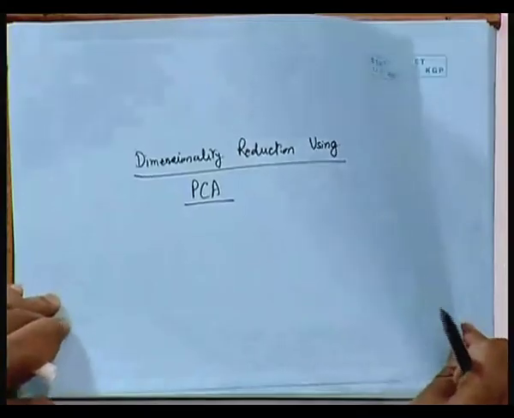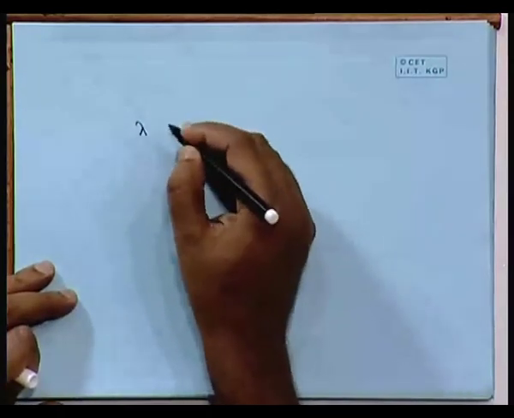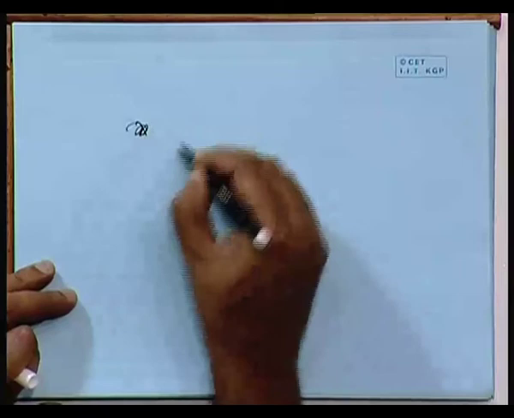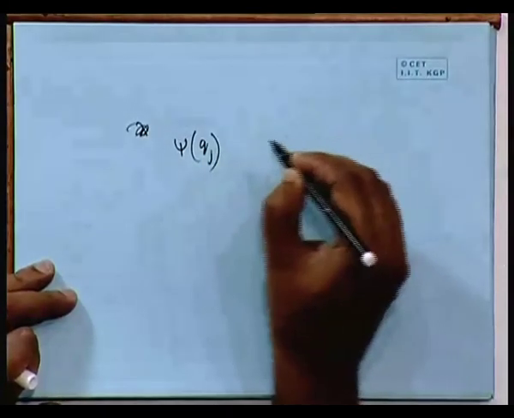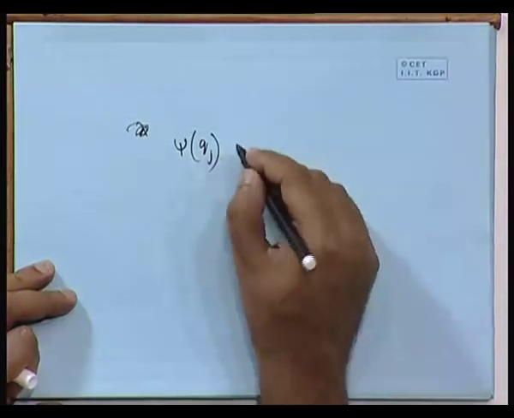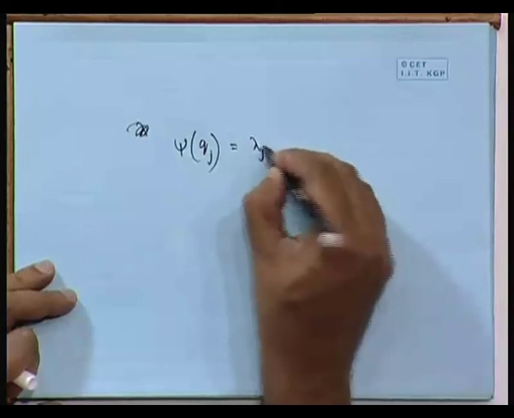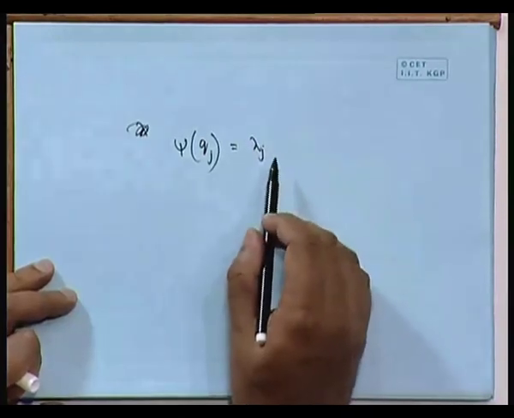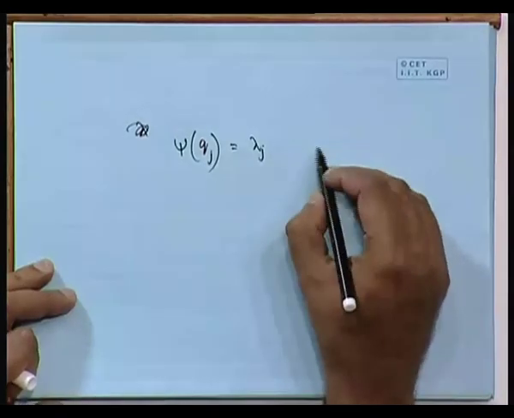And another very important result that we obtained there was that we used Qj as a variance probe. We used psi of Qj, where psi was the variance probe, and we showed a very important relation that psi of Qj is equal to lambda j, where lambda j is the jth eigenvalue.